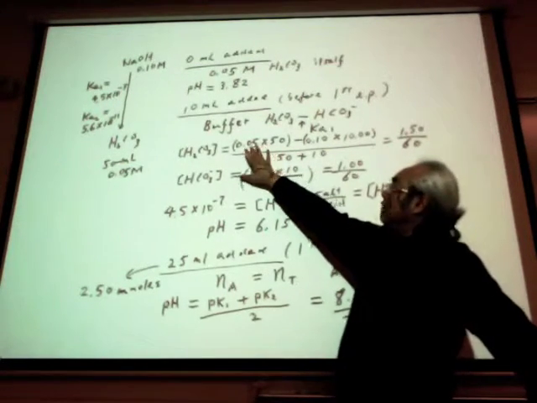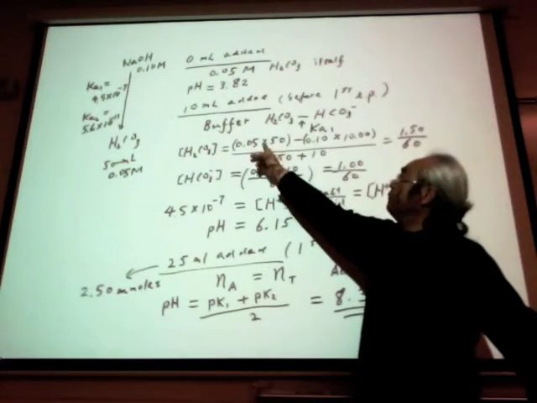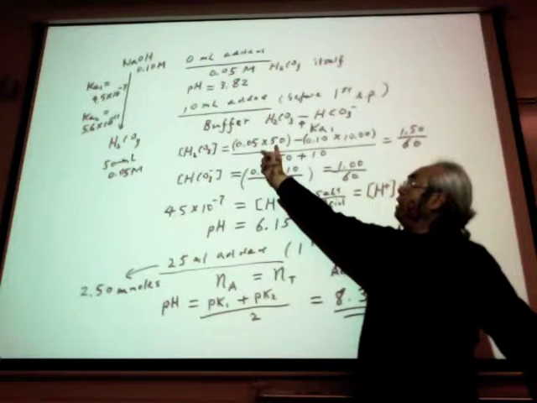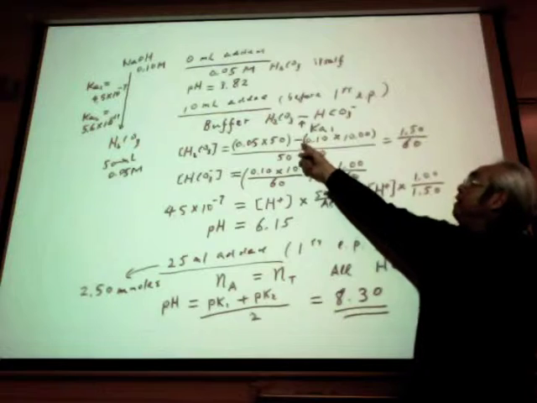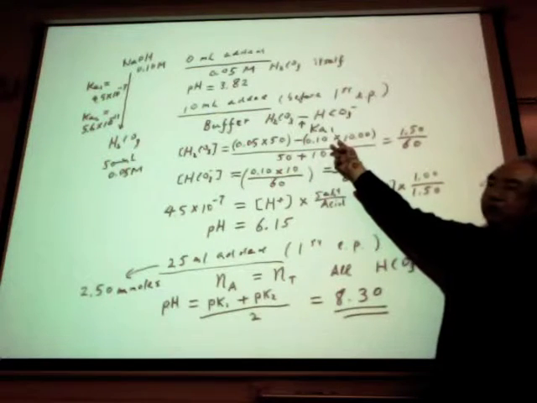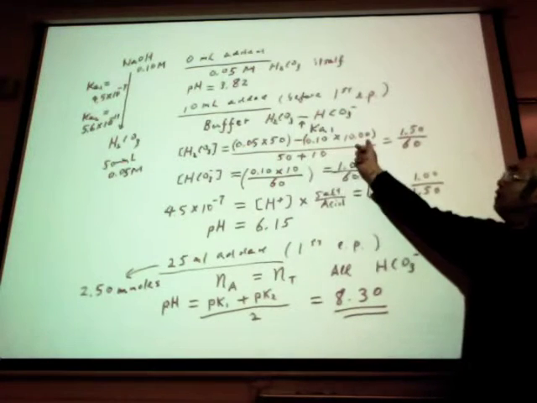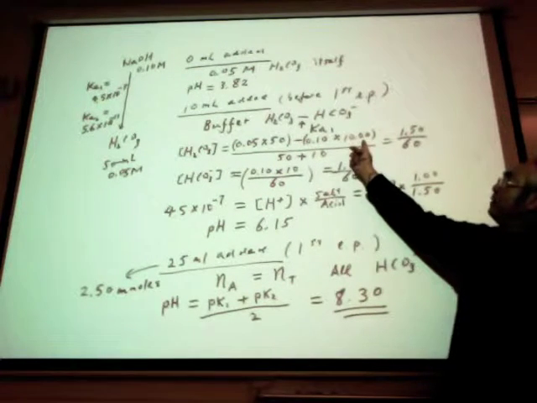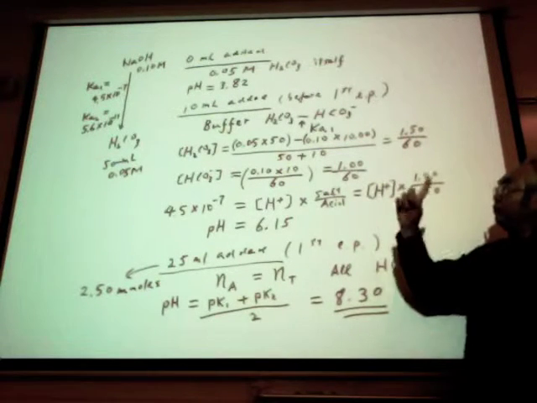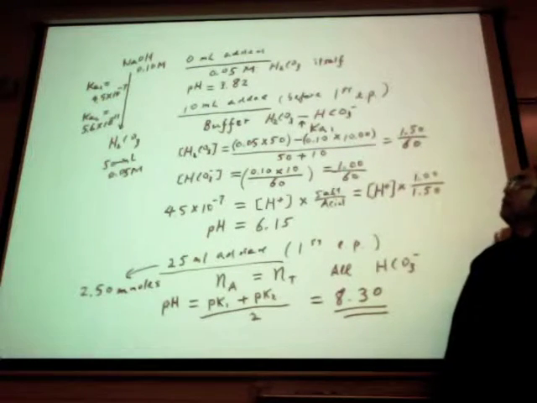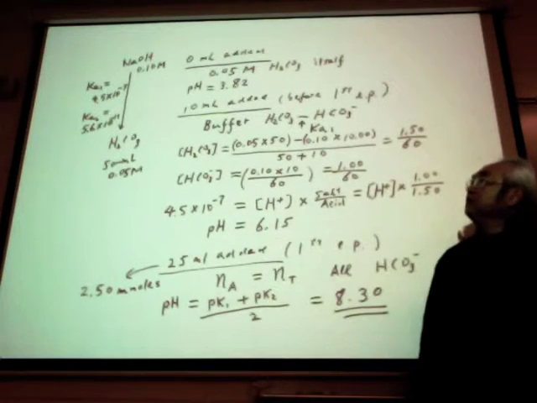Initially, this is your sample, so you have this total quantity, MV of the total. Then subtract the sodium hydroxide added, 10 mL. The MV of that gives millimoles, a 1-to-1 relationship. The difference between the two is how much is left.